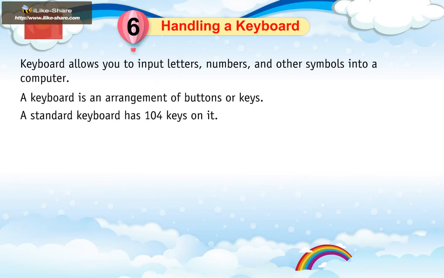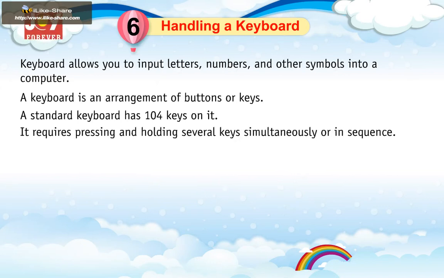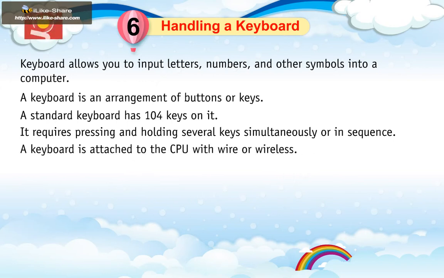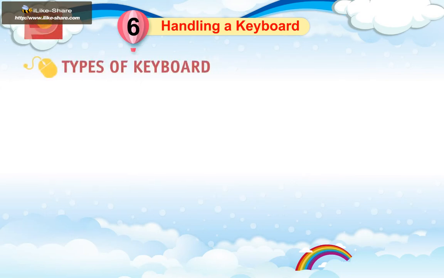A standard keyboard has 104 keys on it. It requires pressing and holding several keys simultaneously or in sequence. A keyboard is attached to the CPU with wire or wireless.